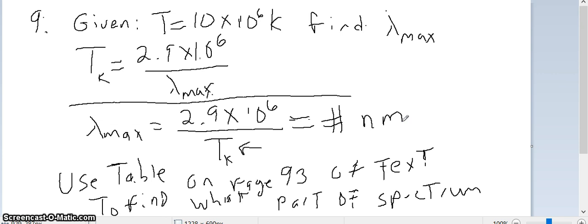Anyhow, try that, and that will give you the number of nanometers. If you use the table on page 93 of our textbook, you'll find what part of the electromagnetic spectrum this is in. That's the second little part of this problem number 9.